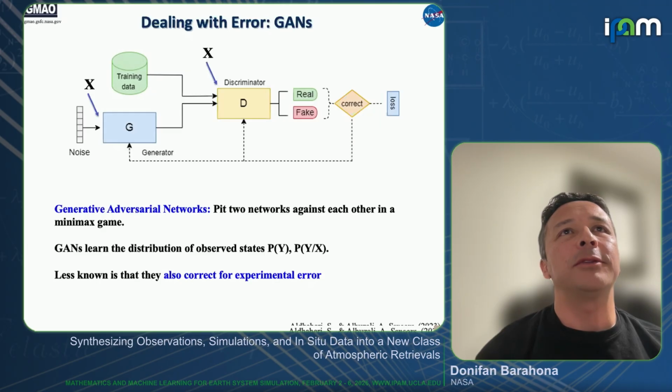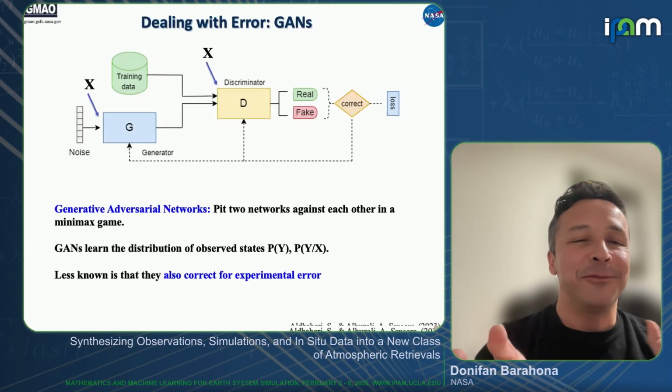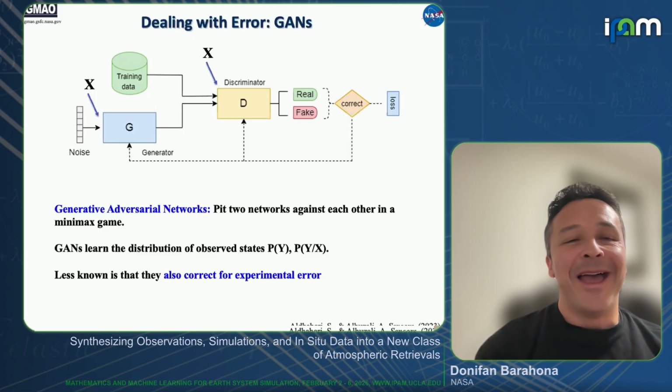So for that, let me get you back to the old GAN, the generative adversarial network, from your machine learning 101. Probably you remember that these were the first, like in 2014 or so, the first actual generative AI technology that was able to produce really good pictures, good graphics.